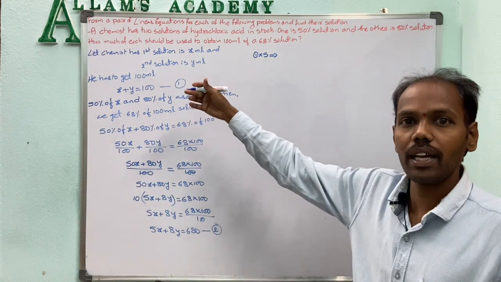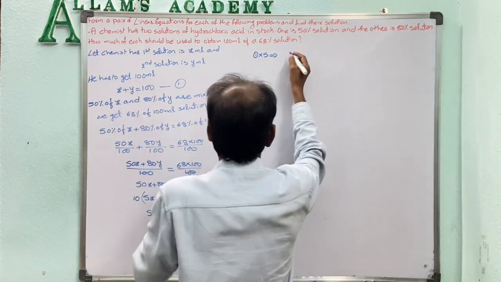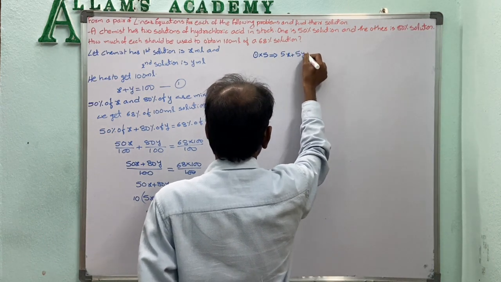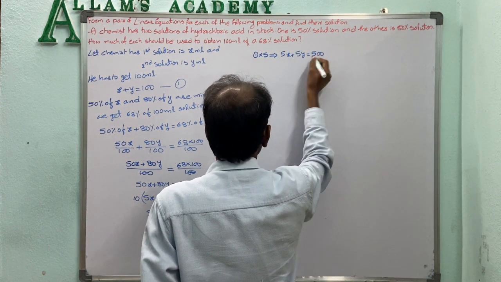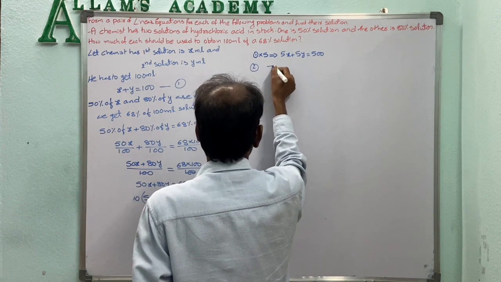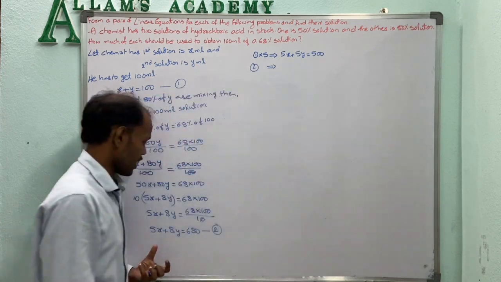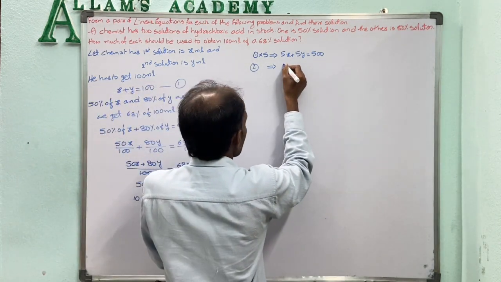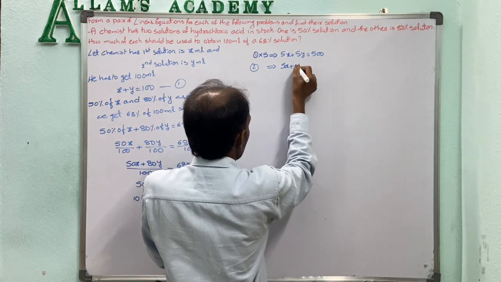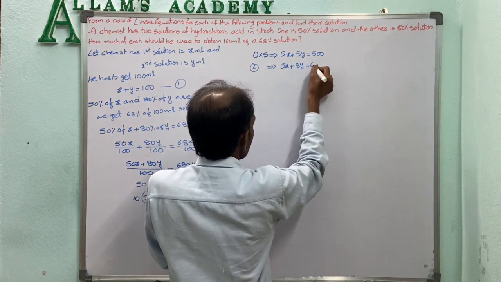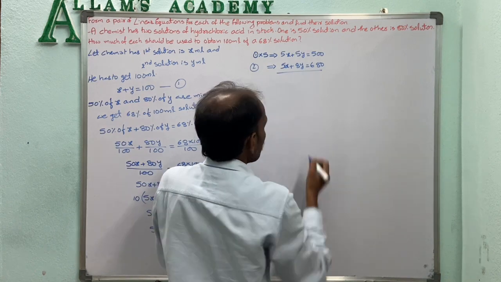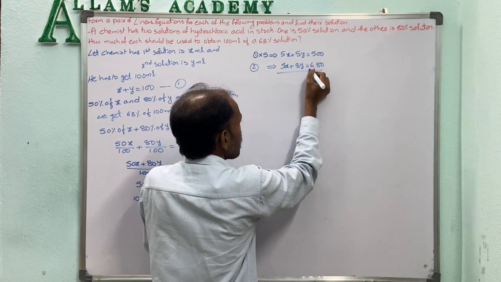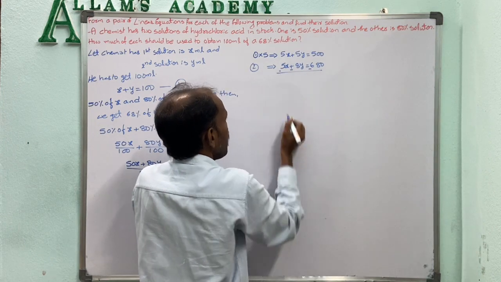Now multiplying with 5, 5 into x is 5x, and 5 into y is 5y, equal to 5 into 100, 500. Now the second equation is written directly, that is 5x plus 8y equal to 680. Now subtracting the equations, so the signs are changing.